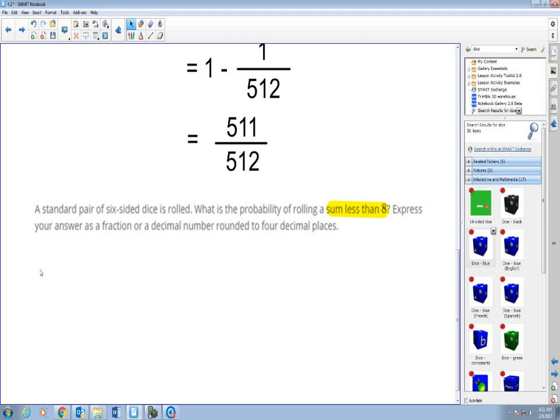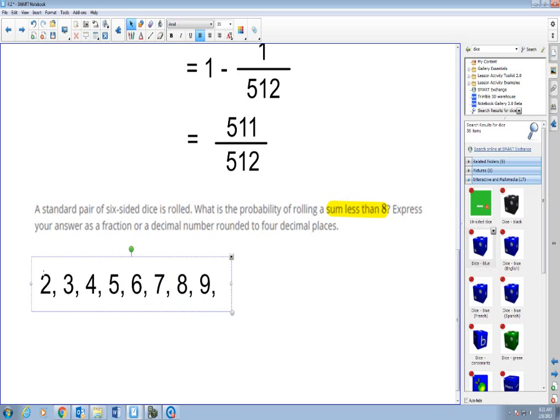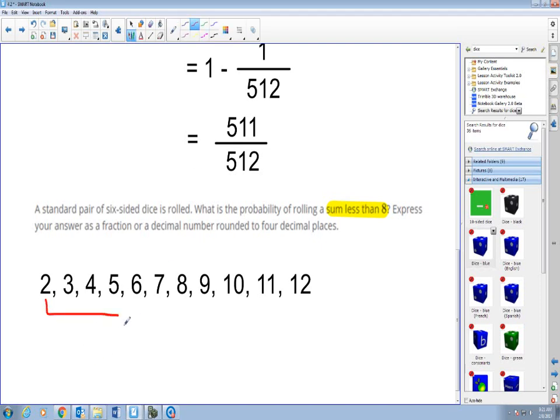My possible sums are 2, 3, 4, 5, 6, 7, 8, 9, 10, 11, 12. What is the probability of rolling a sum that is less than 8? I can't include 8, it's just less than 8. That means it has to be from 2 all the way up to 7. This is what I want.